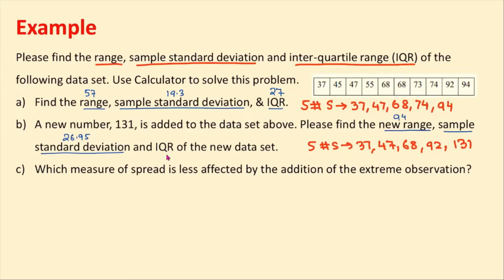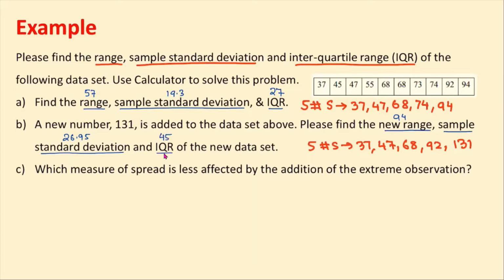Now the next one we want is the interquartile range, IQR. IQR is the third quartile, which is 92, minus the first quartile, 47. And 92 minus 47 is 45. So our IQR is 45.